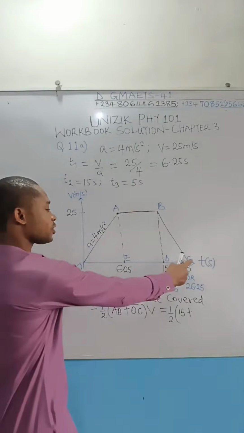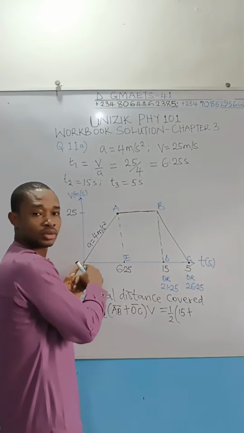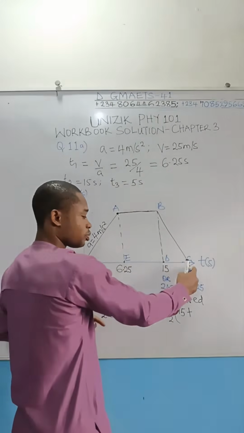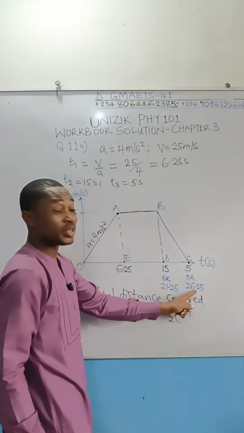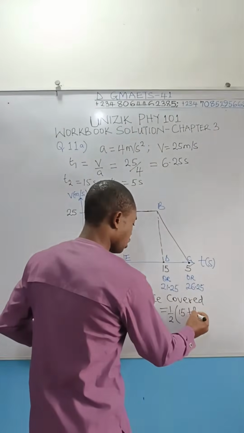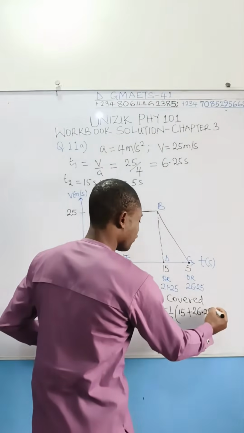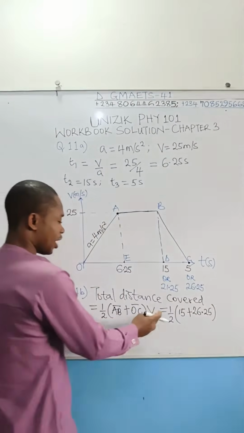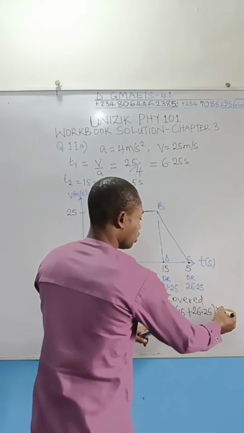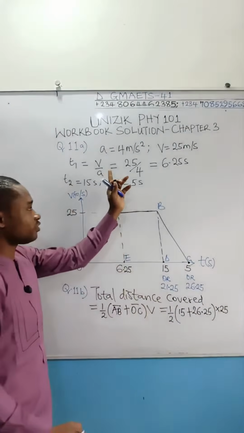Then plus OC. OC is the total time from this point to this point, which of course is 26.25. So this is going to be 26.25, multiplied by the velocity, which we obtained as 25, the constant velocity.